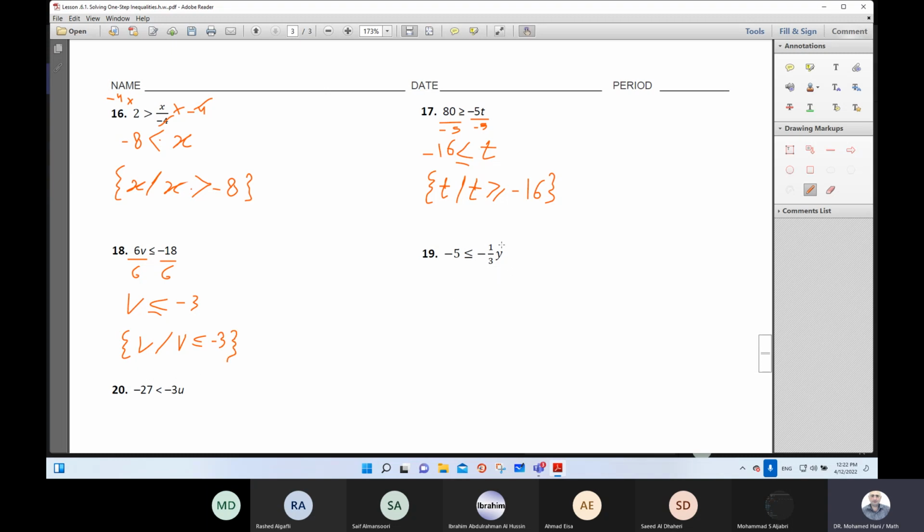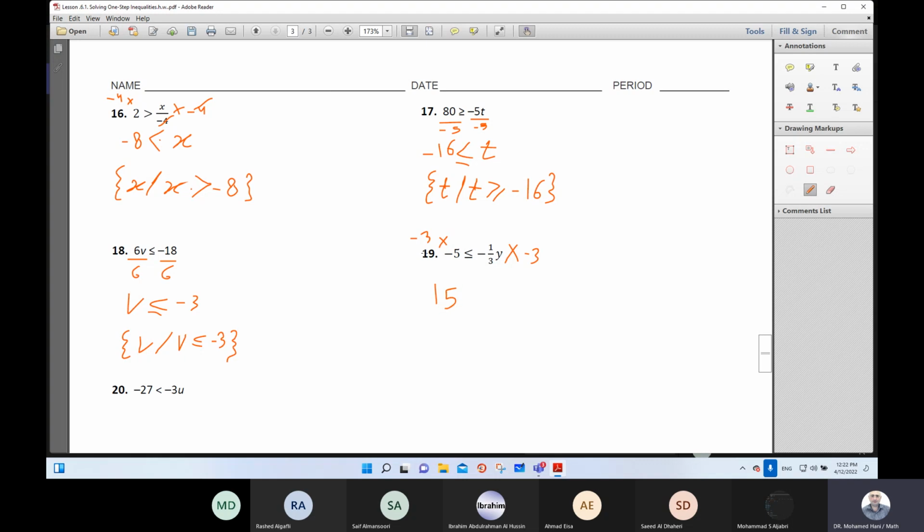Here we want to remove -1/3, so we can multiply by the inverse. What is the reciprocal of -1/3? It will be -3. So multiply this side by -3 and multiply this side by -3. So -3 times -5 would be 15.